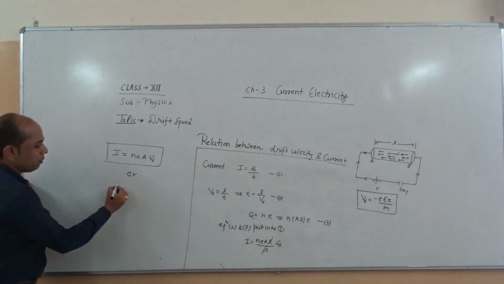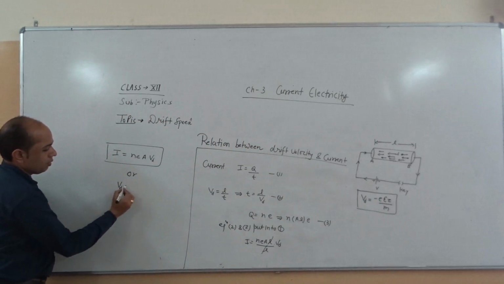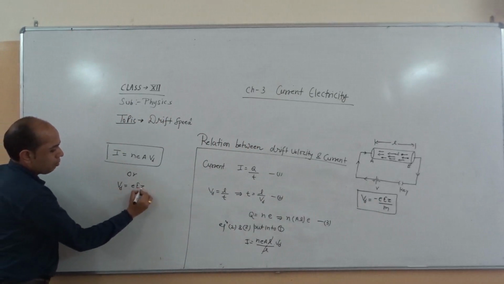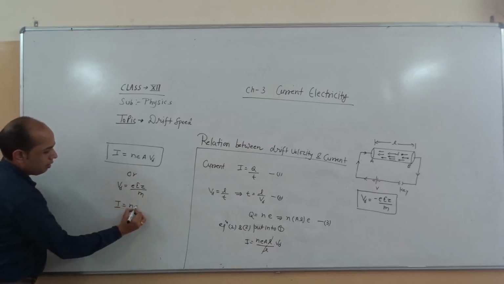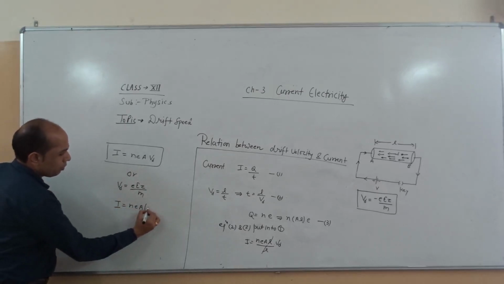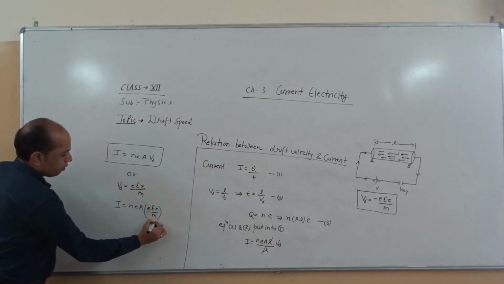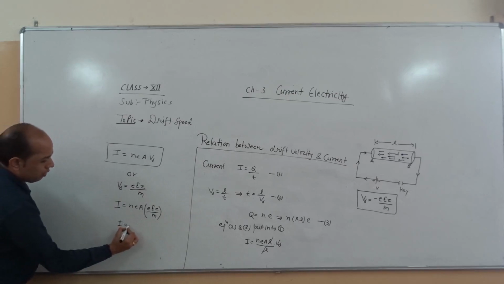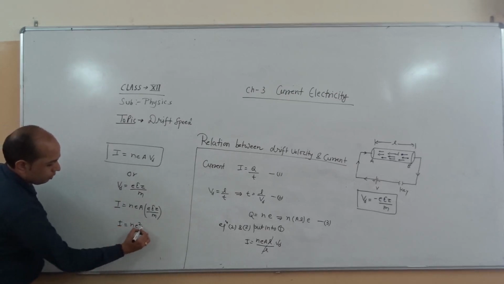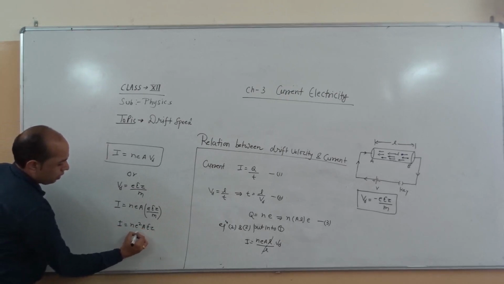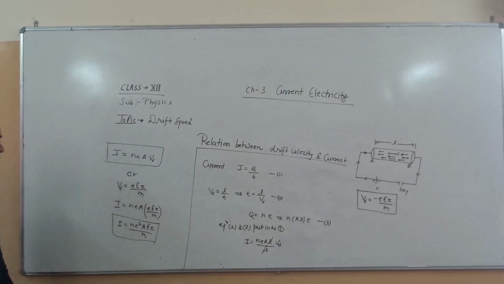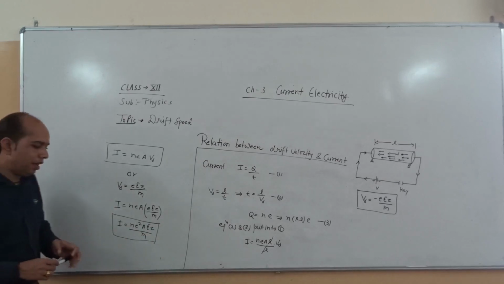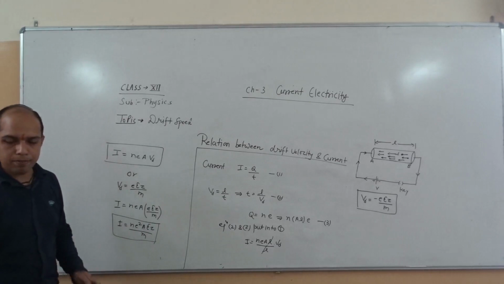So Vd is replaced by eEτ/m, and overall I = ne²AEτ/m. So this is one more expression for calculating the current in terms of n, A, E, τ and m.